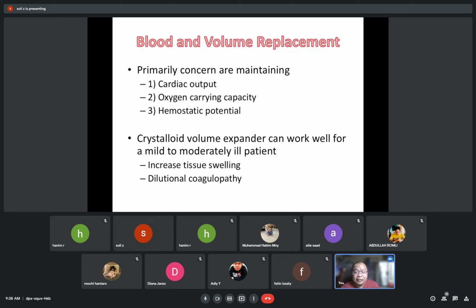And why saline, Voluven, Haemaccel and so on cannot replace blood? Because of oxygen carrying capacity and hemostatic potential.